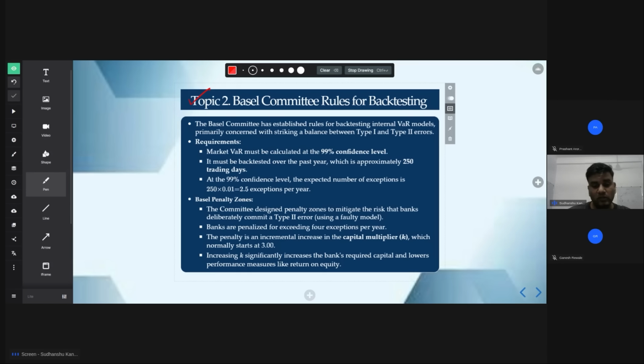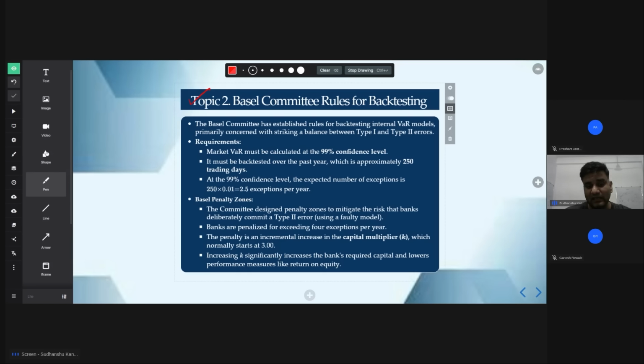Because they wanted to make sure banks' internal VaR models are reliable, statistically sound, and appropriately penalized if they understate their risk. So: reliable, statistically sound, penalized. This connects your statistical VaR test to your regulatory capital requirement.